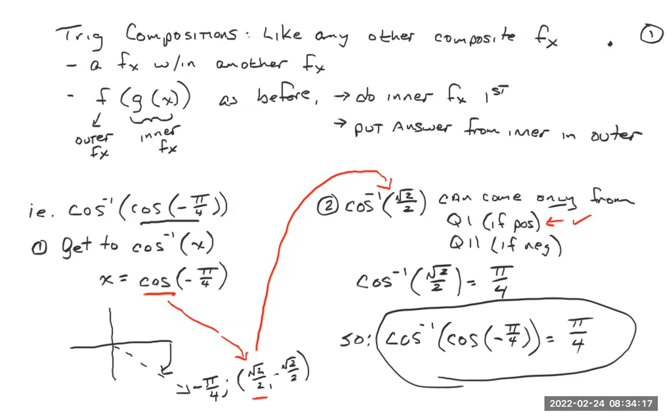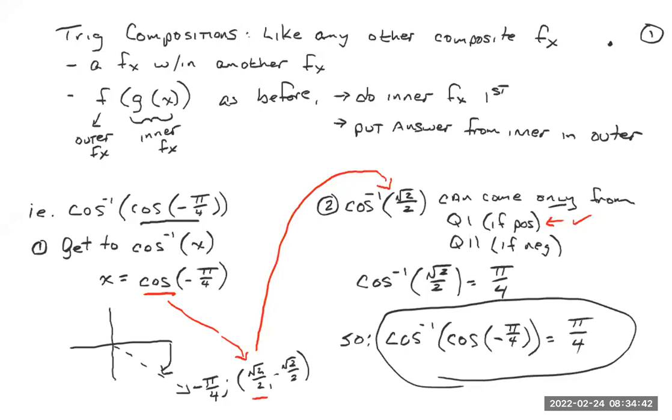So we're going to set x to the cosine of negative pi over 4. And I drew a picture here. We are falling from the positive x-axis, the 0 radian line. We're rotating by pi over 4 in the negative direction, that is clockwise. And so that drops us into quadrant 4.